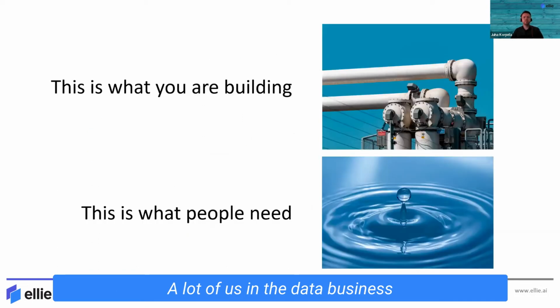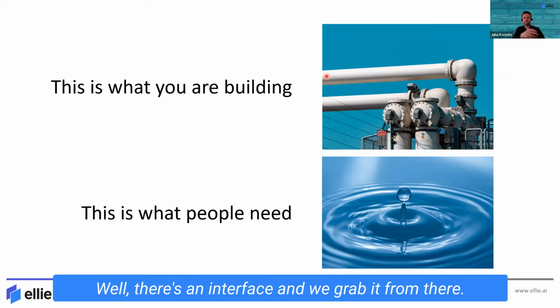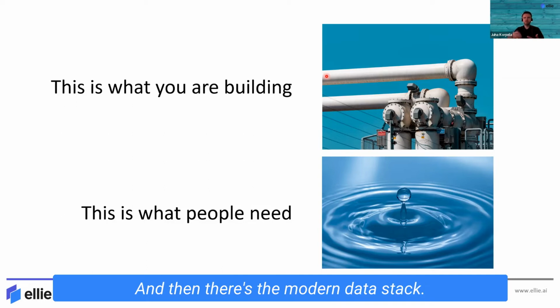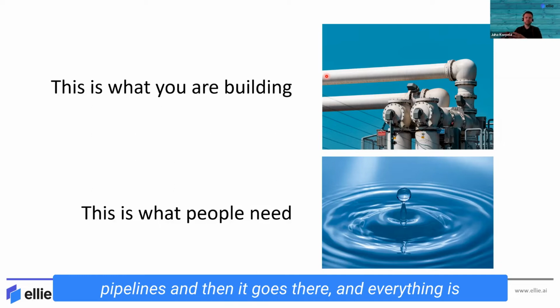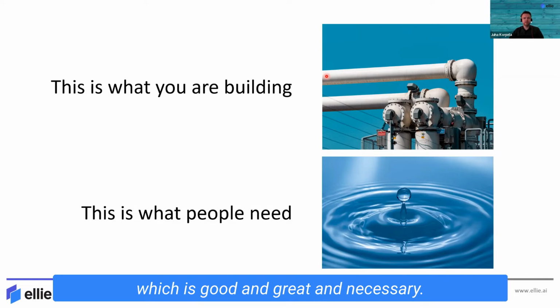A lot of us in the data business are focused on building this stuff. So the pipelines, how do we get this data moving? Well, there's an interface and we grab it from there, and then there's the modern data stack, if you'd like. You build your fancy code and pipelines, and then it goes there, and everything is versioned and works automatically, and there's scheduling and whatnot, which is good and great and necessary.